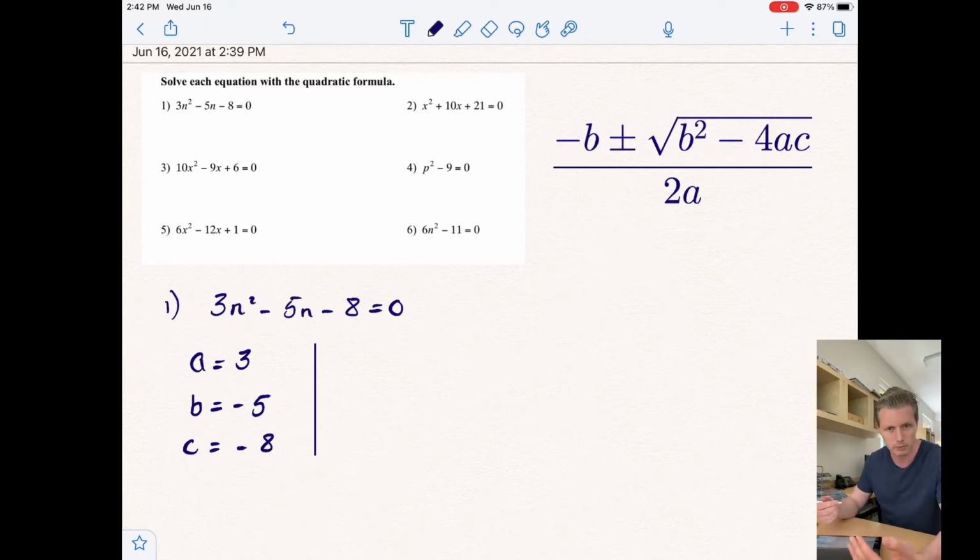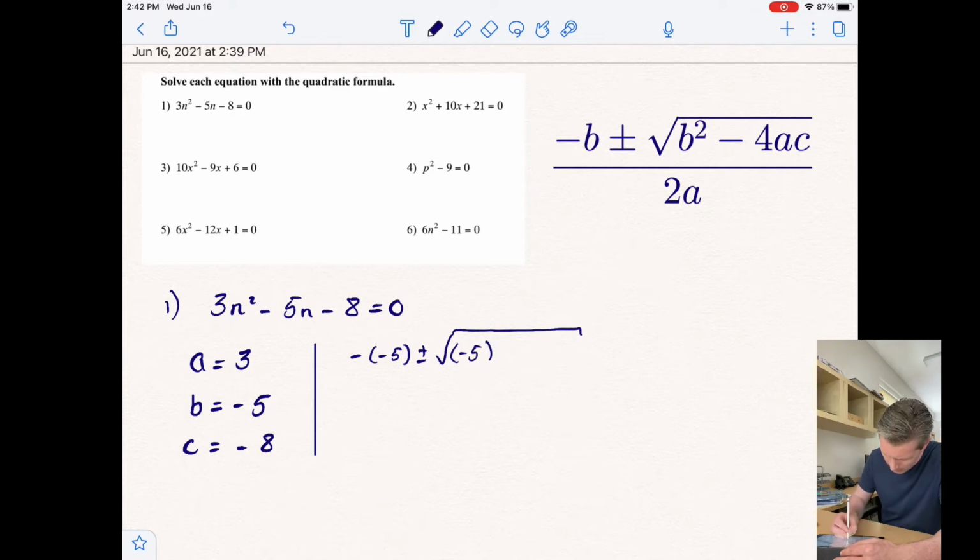Now, all you have to do is plug them into the formula, and you will find the solutions to this quadratic equation. Minus b will be minus negative 5, plus or minus the square root of b squared minus 4ac, which is negative 5 squared minus 4 times 3 times negative 8, all over 2a, which is 2 times 3.